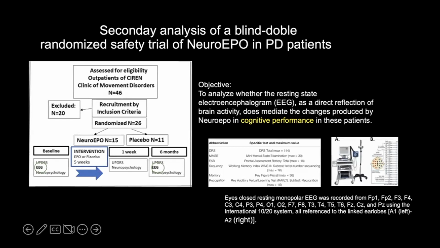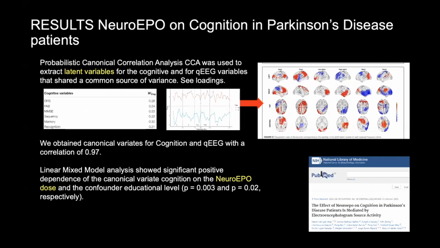First, we did a probabilistic canonical correlation analysis, because we are using latent variables: one latent variable for the cognition and another for the EEG. Usually in Parkinson research you find many studies using the EEG separately and many using cognition separately, and we put both in the same model.